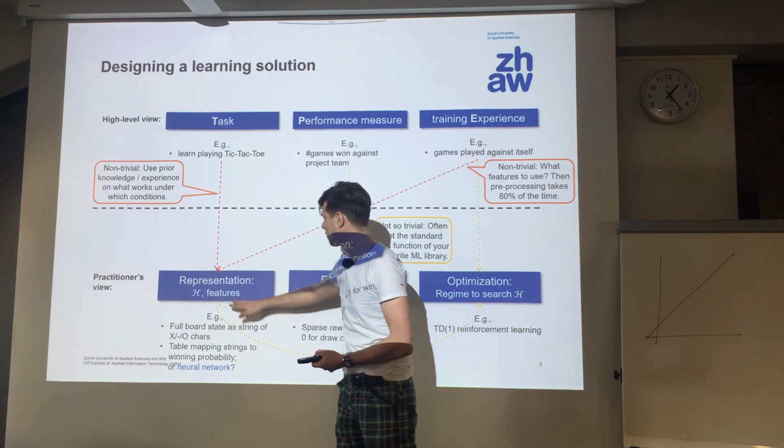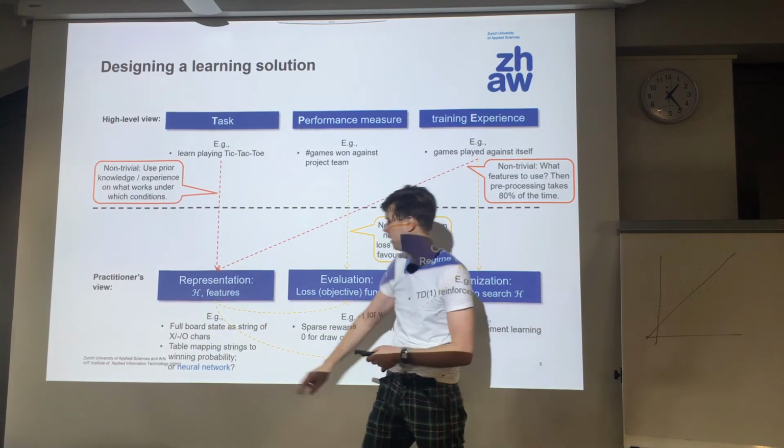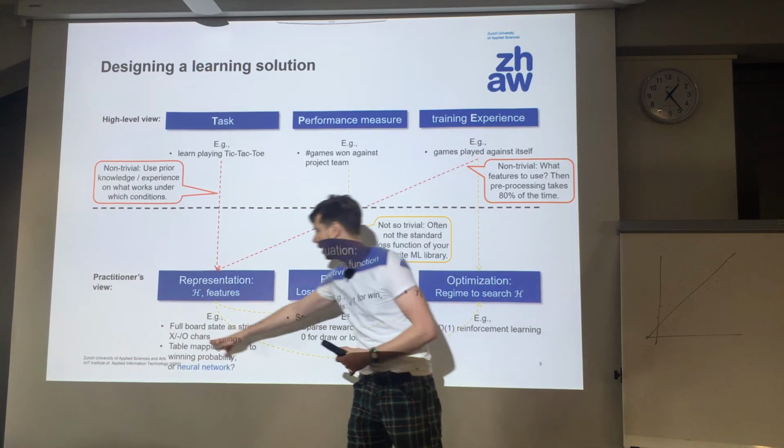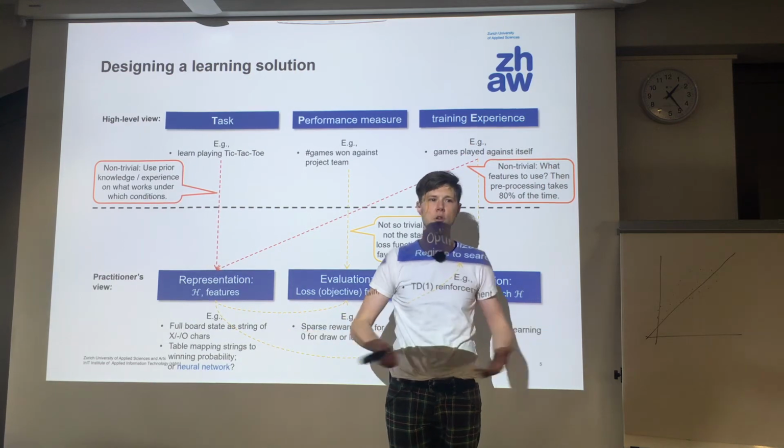For example, the features could be the full board state given in a string of X's, dashes, and O's. But you could also encode it with numbers, and you could also encode it completely differently.